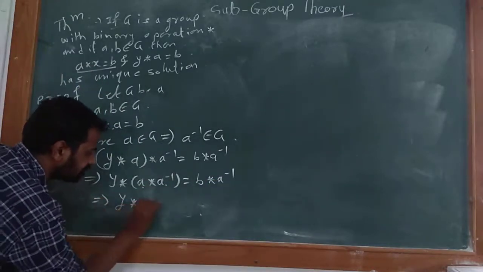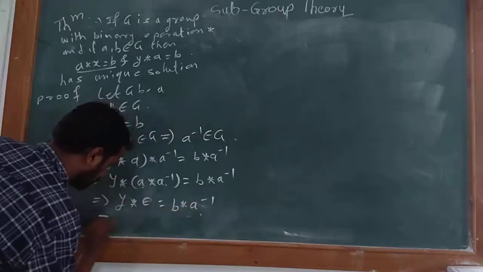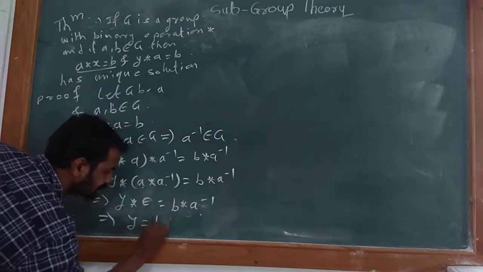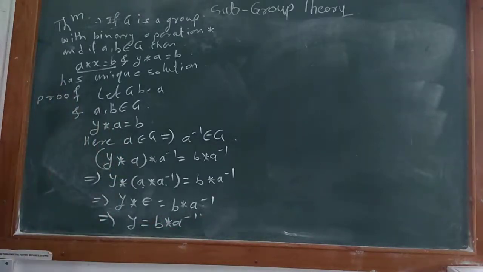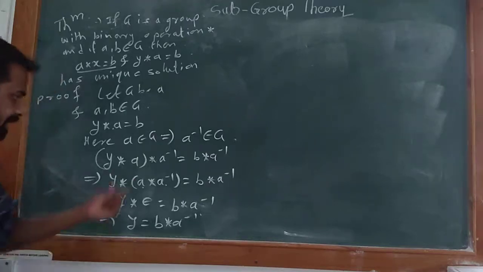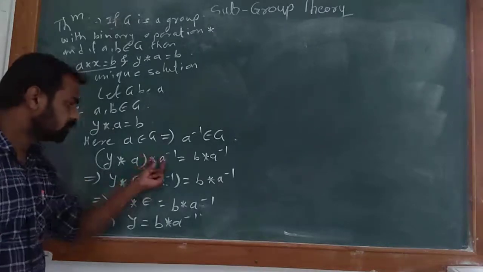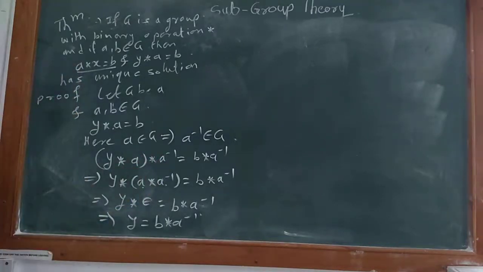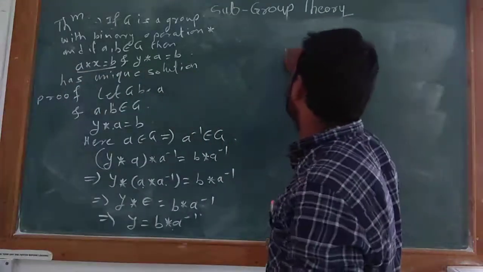This implies y is equal to B star A inverse. Same as the previous example, but in the previous part of the theorem we pre-multiplied by A inverse, while in this part we are post multiplying by A inverse. This is the solution; now we have to show uniqueness.